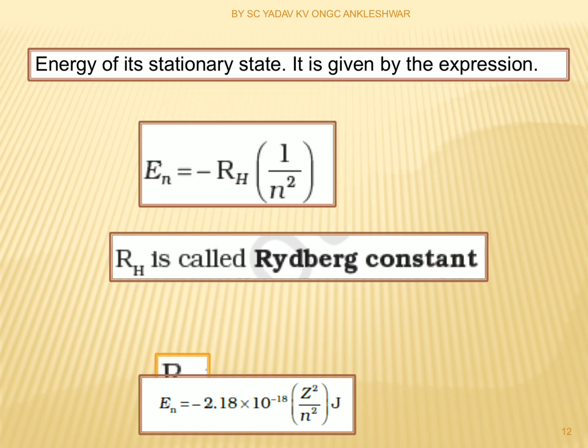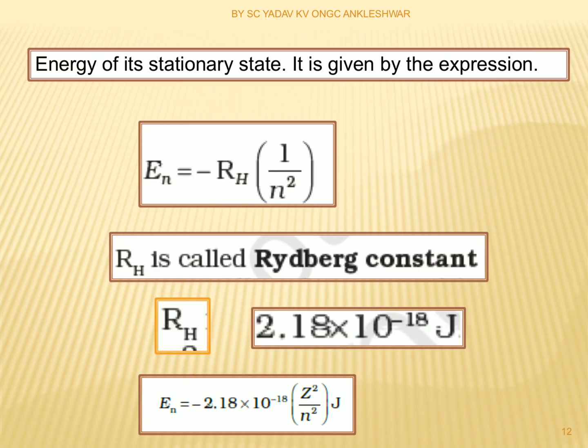Here RH is called the Rydberg constant, and its value is 2.18 into 10 to the power minus 18 joule. So in order to get the energy of an electron in the nth orbit, you will use this formula, En is equal to minus RH into 1 by n square.